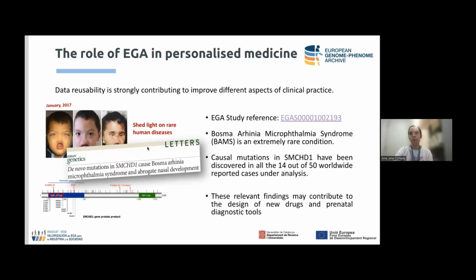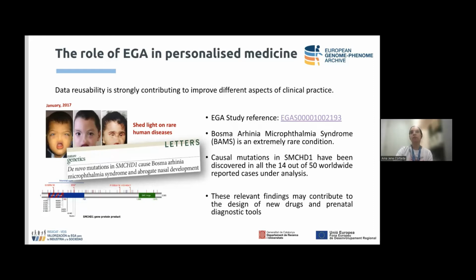A study discovered that this disease is caused by a mutation in a gene called SMCHD1, which has a very prominent role during craniofacial development. With these relevant findings and the availability of the data stored at the EGA, it may contribute to designing new drugs and prenatal diagnostic tools.